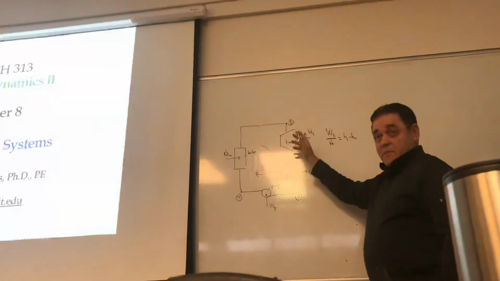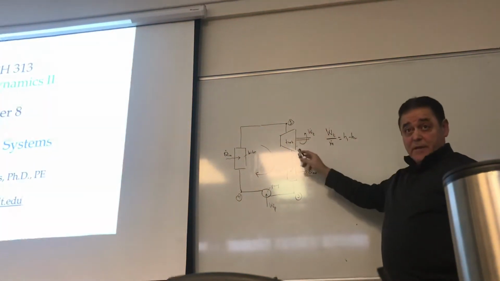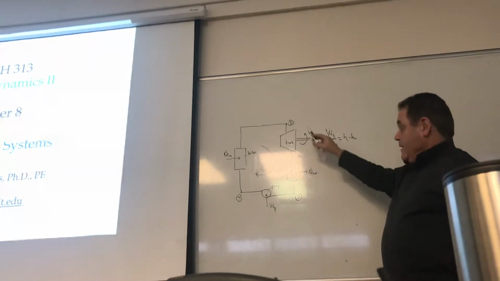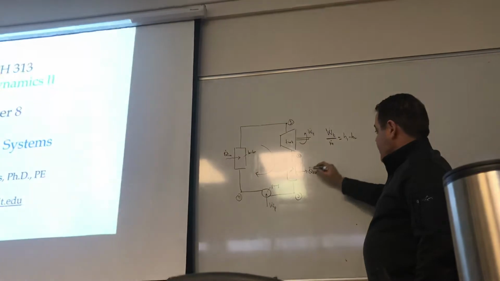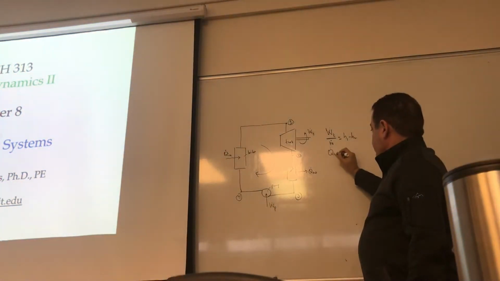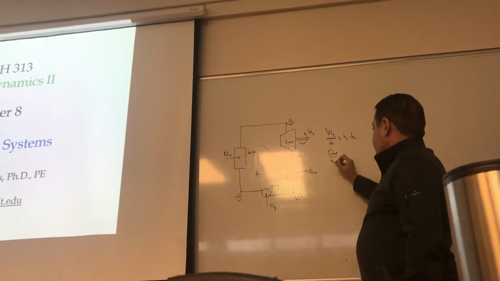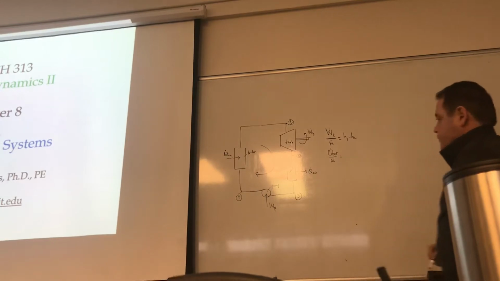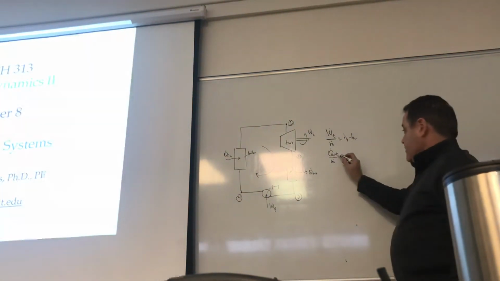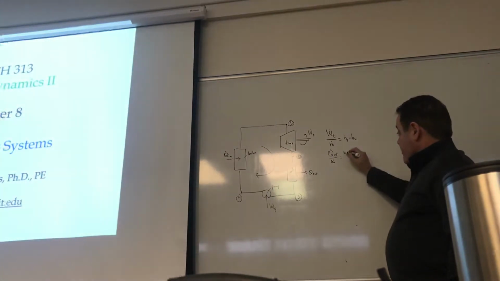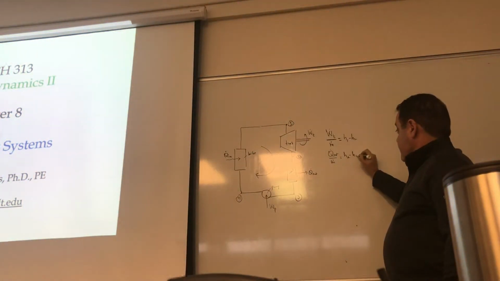Why? Because the enthalpy here is higher than the enthalpy there. And if I go in a clockwise direction, Q out divided by M dot, what would that be equal to? H3 minus H2 or H2 minus H3? I mean, these are absolute values, okay? So it's H2 minus H3.